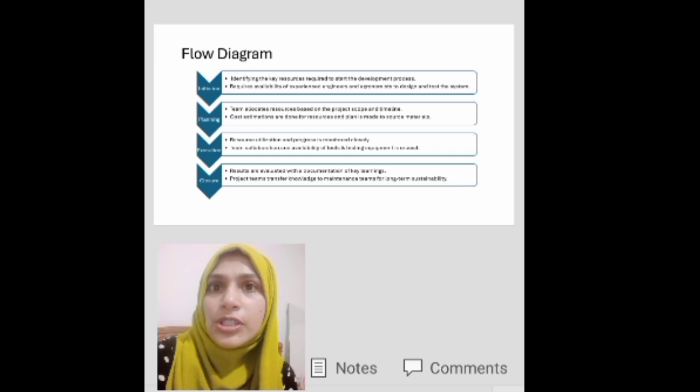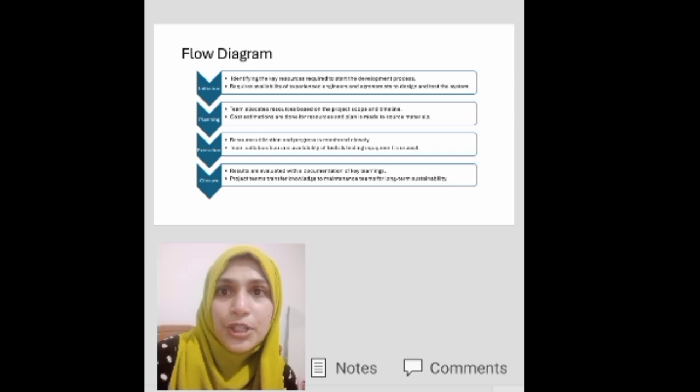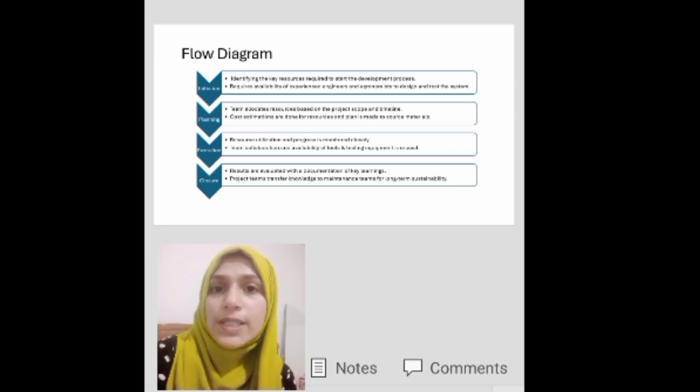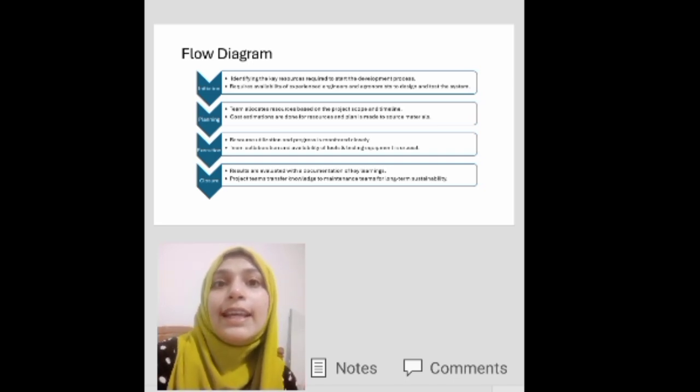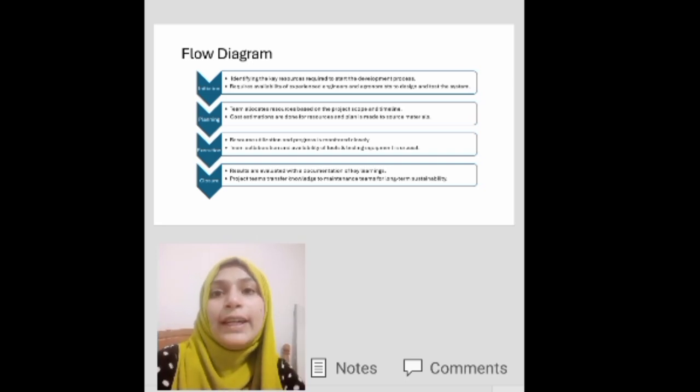In the planning stage, the team allocates resources based on the project scope and timeline, making cost estimations and planning material sourcing. Execution involves closely monitoring resource utilization and ensuring team collaboration with the necessary tools and testing equipment. Finally, closure focuses on evaluating results, documenting key learning, and transferring knowledge to a maintenance team.